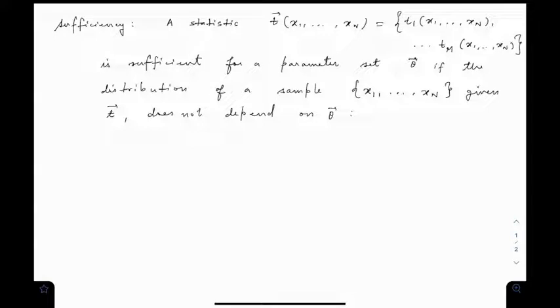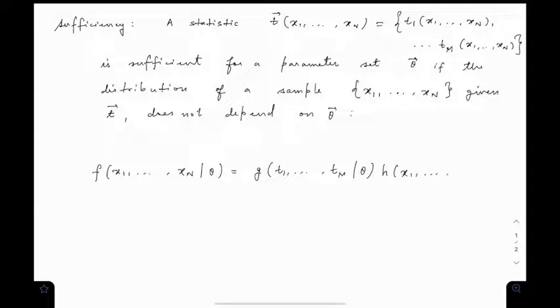So basically f of x1 up to xn, so the distribution g of t given theta contains all the information which is relevant for the parameter estimation.